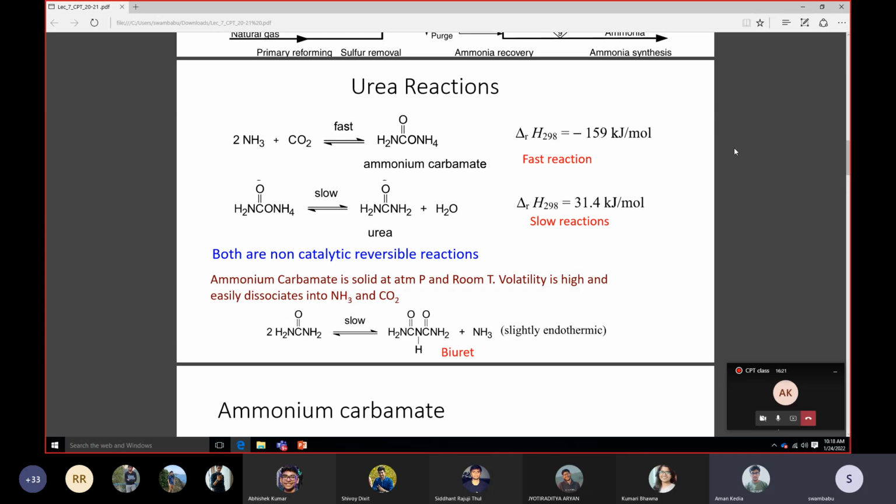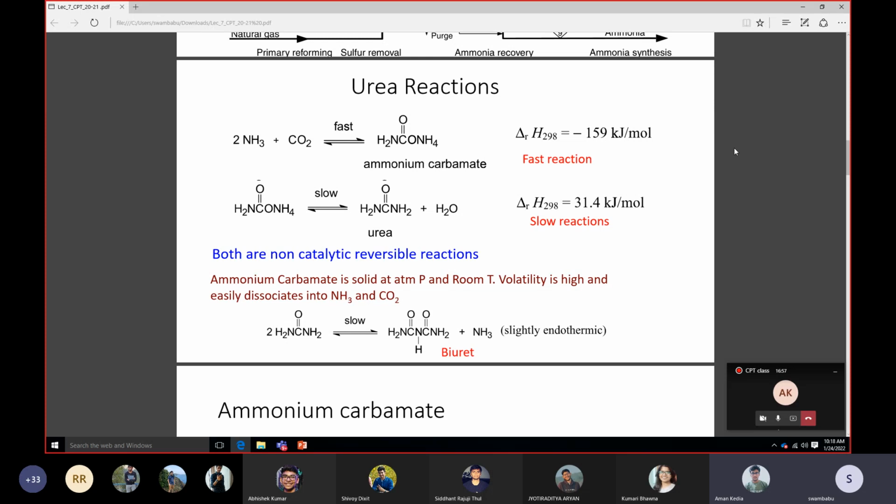Now, for exothermic reactions at high temperature, does the forward reaction or the backward reaction is favored? Backward reaction is favored. Thank you. So at high temperatures, the backward reaction is favored.